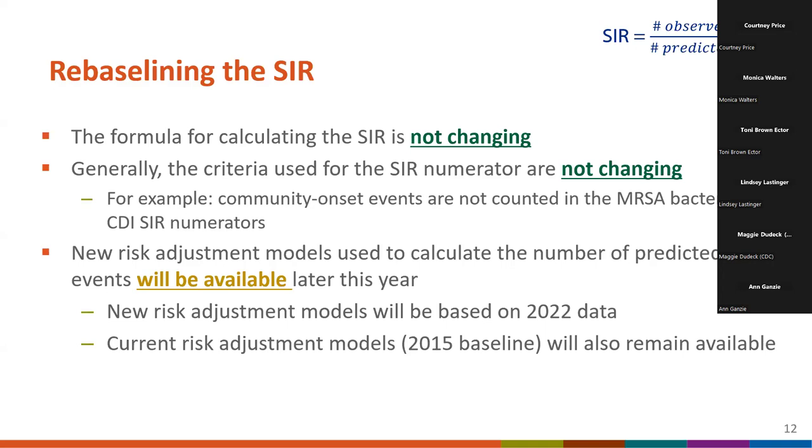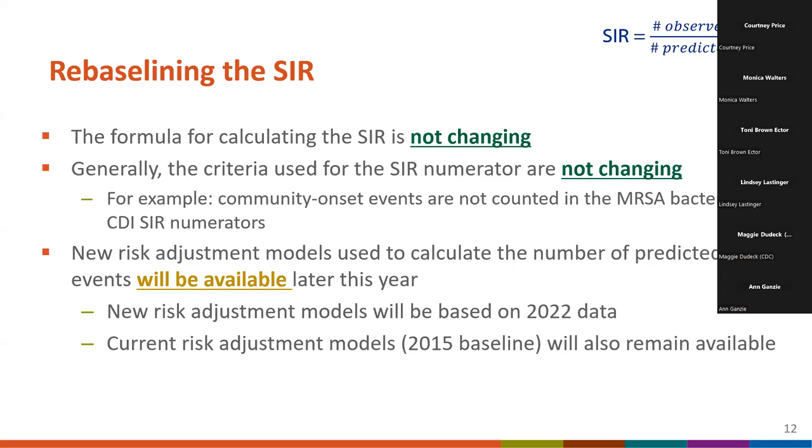That's not changing. The second bullet here is that the criteria for the SIR numerator are not changing. For example, you might be familiar with the fact that in some situations, certain HAI records are excluded from being counted in the numerator of the SIR, such as the community onset MRSA bacteremia or the community onset CDI lab ID events. So that is not changing. The SIR numerator is not going to change.